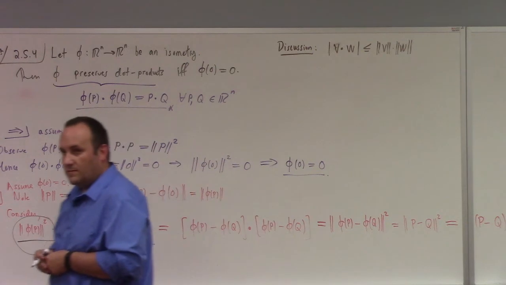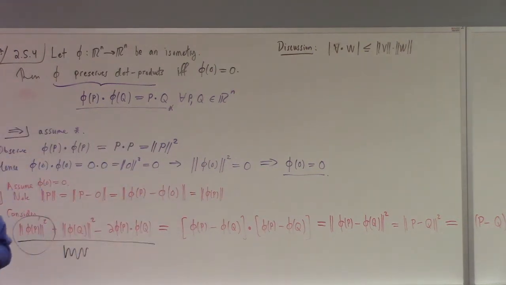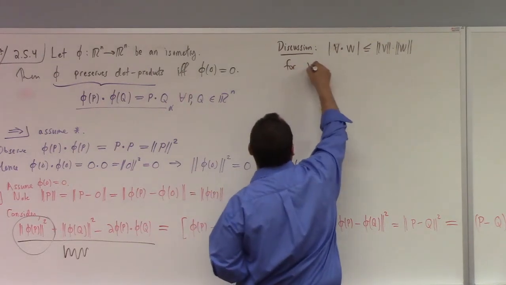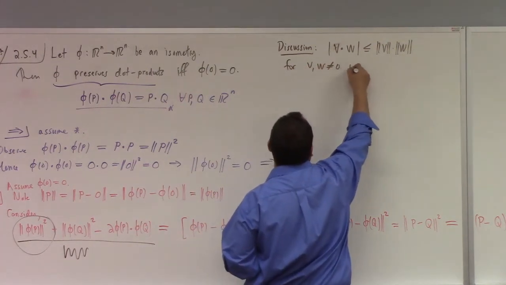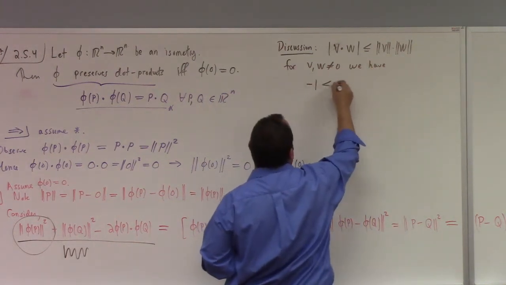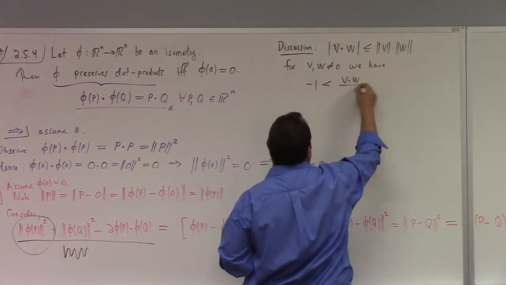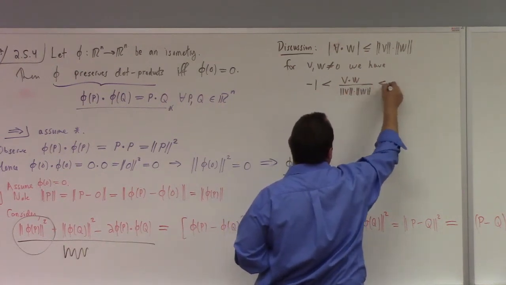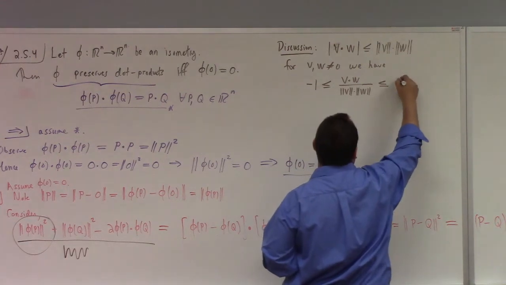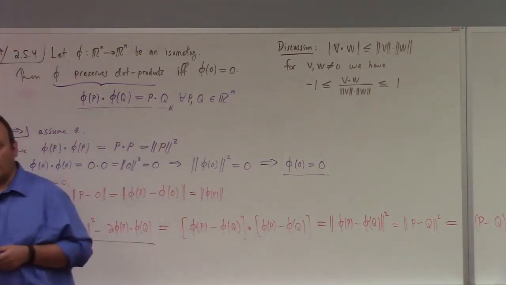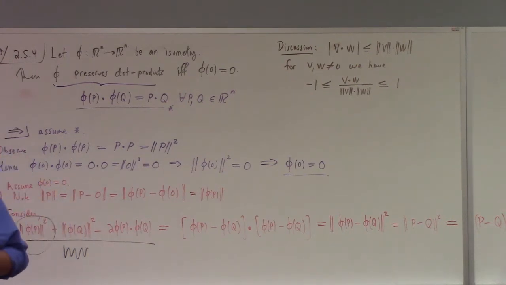This is true in Rn. And the reason that that's important is that for v and w non-zero, we have that minus 1 is less than v dot w over the length of v times the length of w is less than or equal to 1. That follows from the Cauchy Schwarz inequality, just dividing both sides by the norm of the product and thinking about what absolute value means.